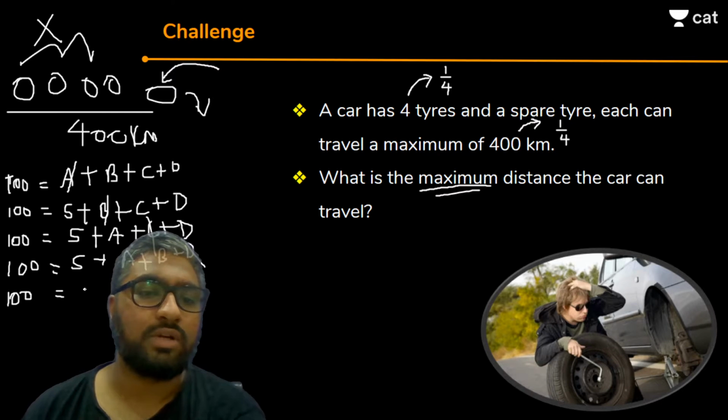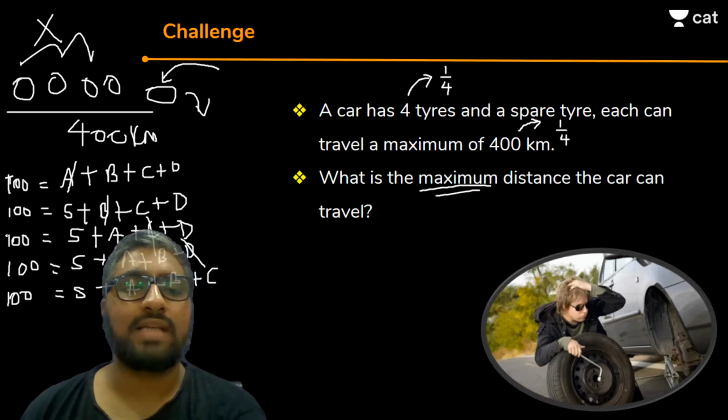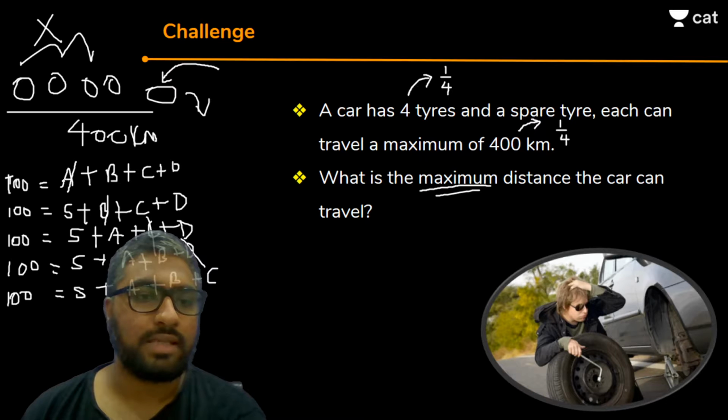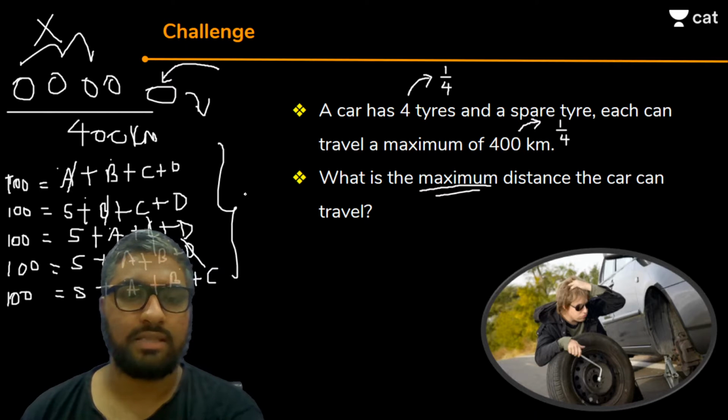Means now D would get replaced. If you quickly check, all tires have run not more than 400. A has run 400. B has run 400. Every tire has run.